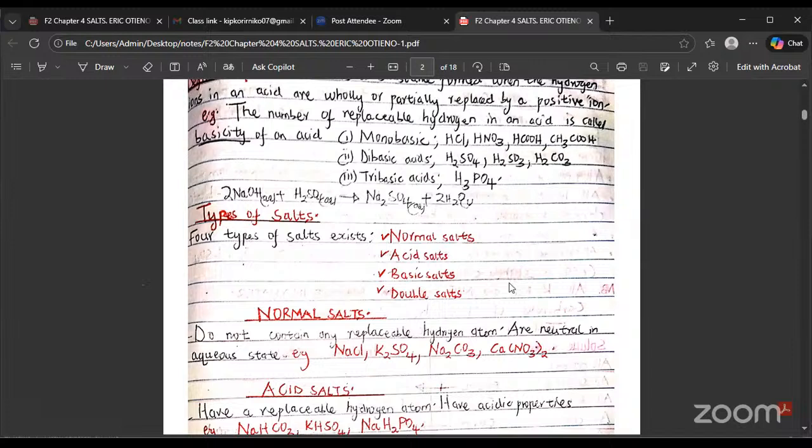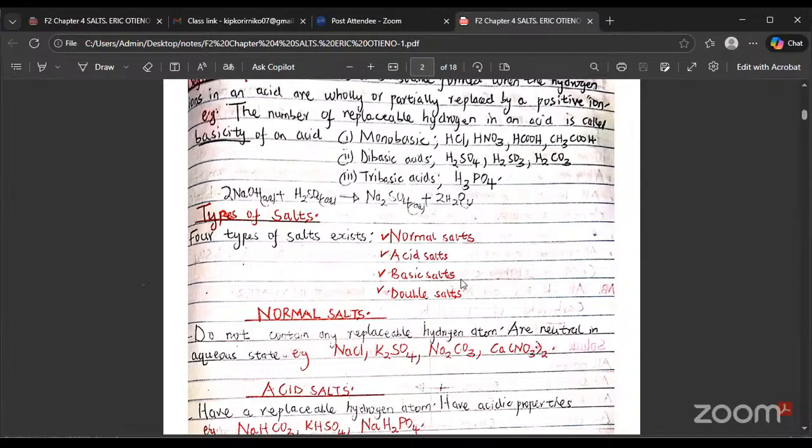So, normal salts. These are salts that do not contain any replaceable hydrogen atom. What I'm talking about is they do not have a hydrogen in their chemical formula or in the chemical writing.